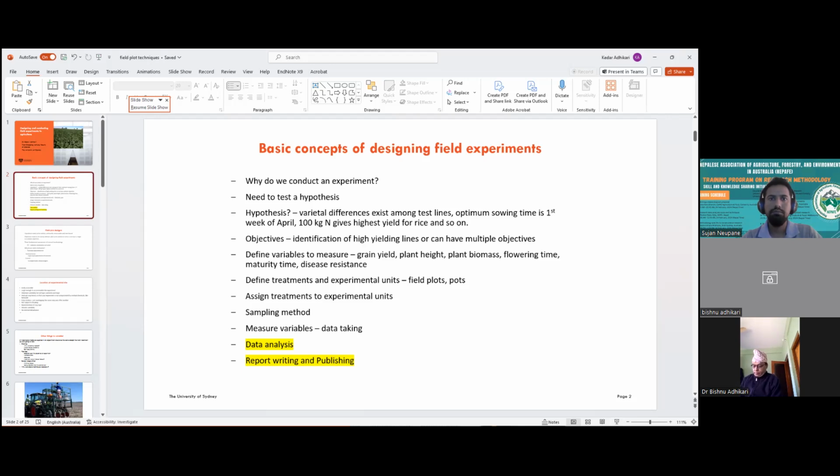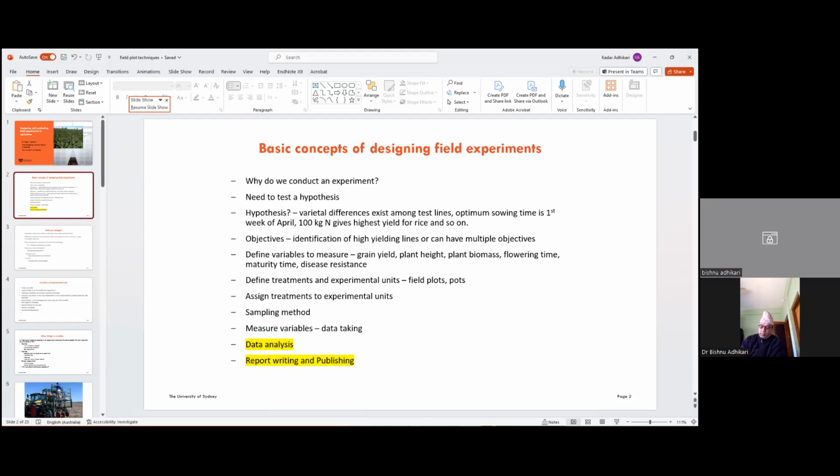So a hypothesis could be: varietal differences exist among test lines, for example. Or the optimum sowing time is the first week in April, or 100 kg nitrogen gives the highest yield in rice or wheat. These kinds of things you have as a hypothesis, but you need to test those hypotheses. That's why you need some experiments.